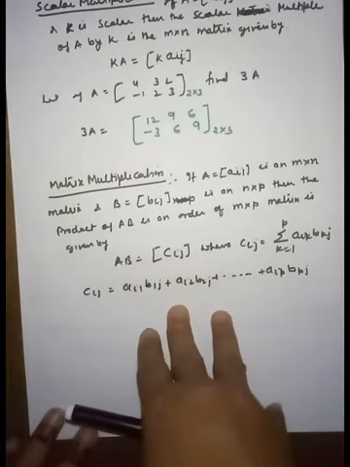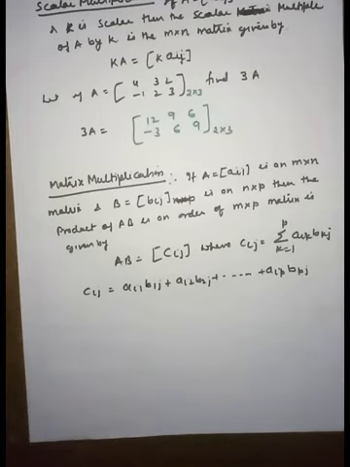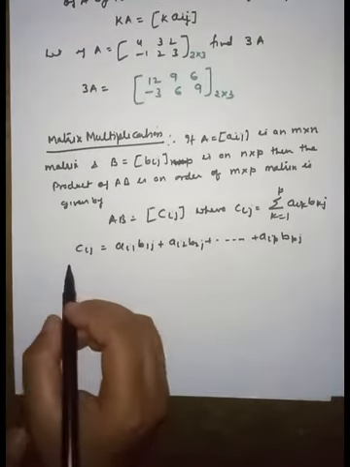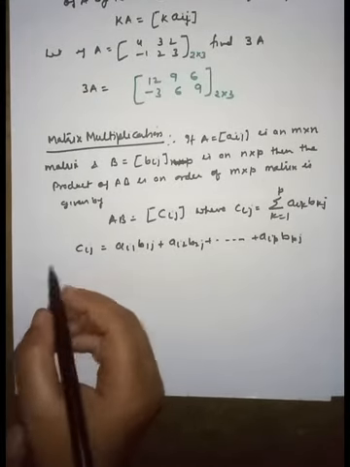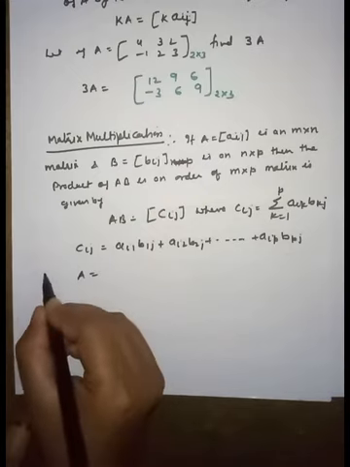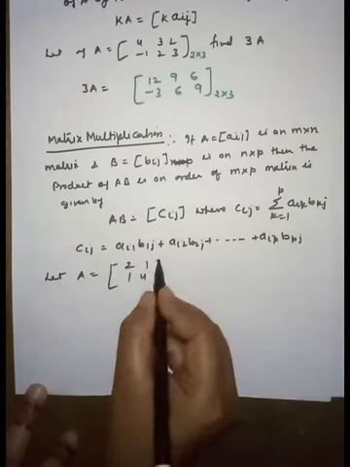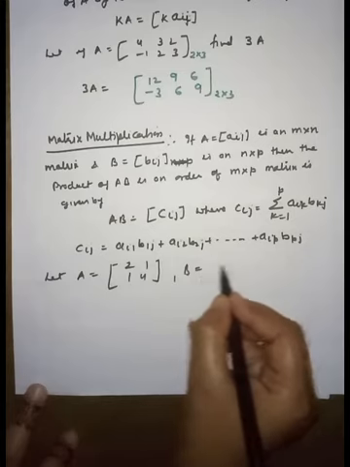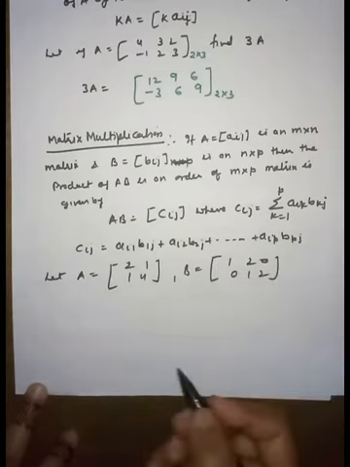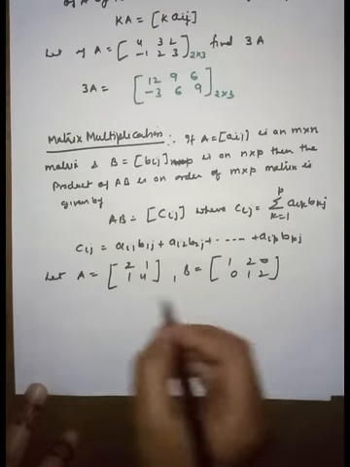So let us take an example, then you will understand. Now let us consider two matrices. Suppose the matrices are given, and this one is the second matrix. First you see the order of both matrices.